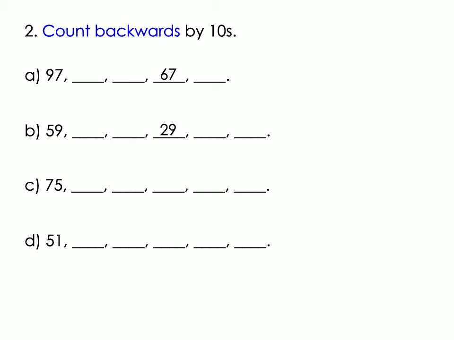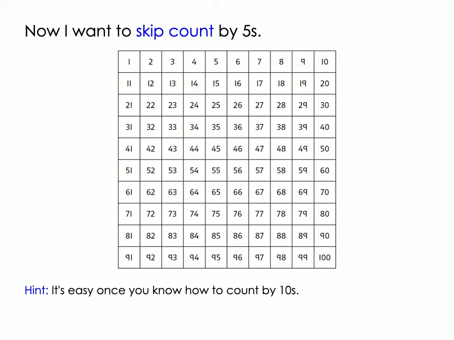Okay, great. I'm going to give you the answer to the first one. It was 97, then 87, 77, 67, and 57. And that is counting up and down by tens. Now, we have fives, counting up and down by fives.